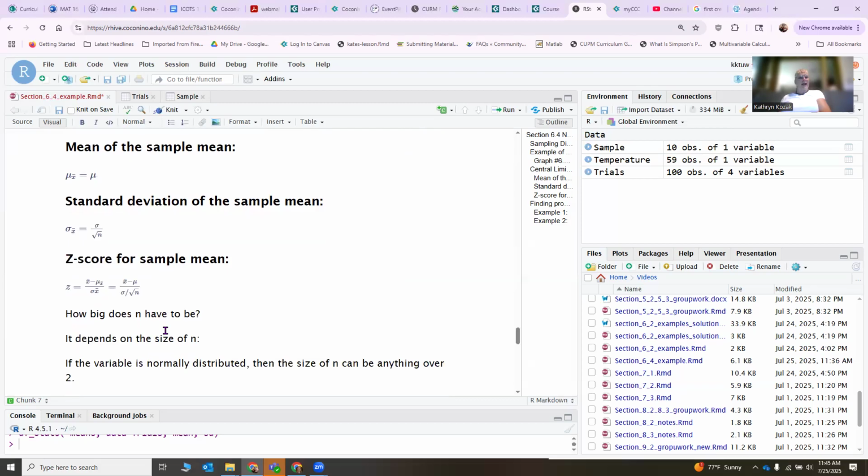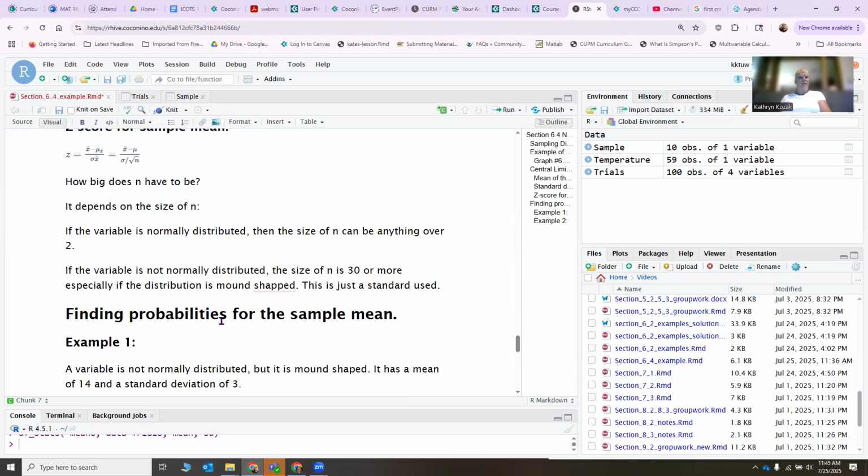Now the question is, how big does n have to be? Well, that depends on the size of n, and it also depends on the shape of the original distribution, how the variable is distributed.